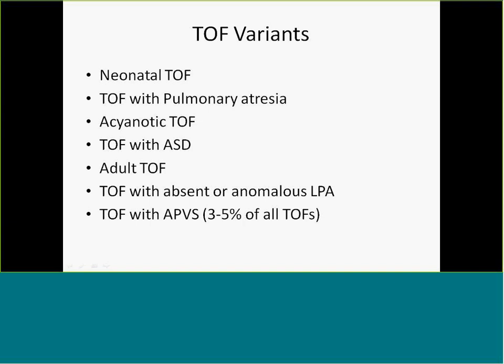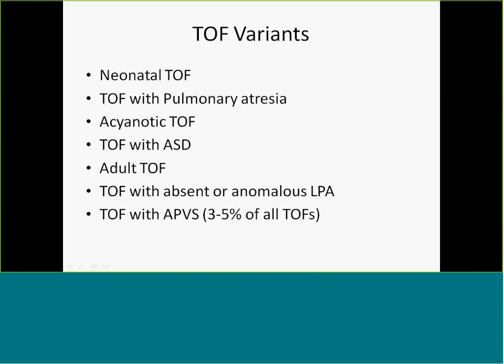So there are some variants, and some of them are listed here. Neonatal TOF appears to be a distinct variant where the pulmonary stenosis is often not so severe, it's often labile and so on. We won't discuss that in detail. Pulmonary atresia is a separate group. Some are acyanotic or pink Fallot, then tetralogy with ASD, which some people like to call pentalogy.